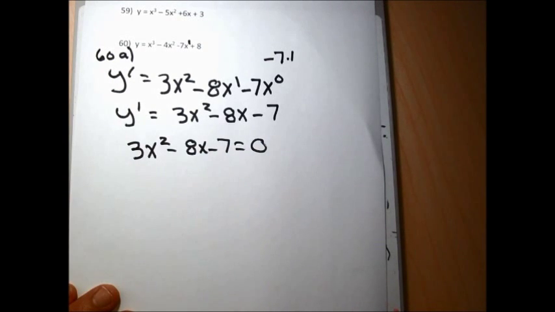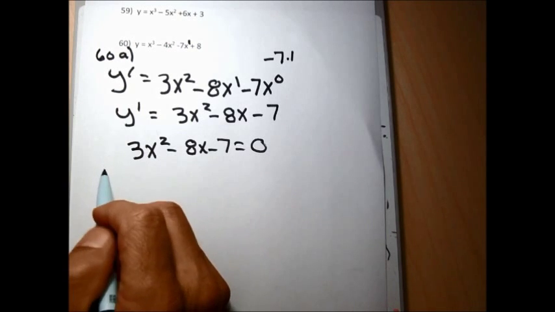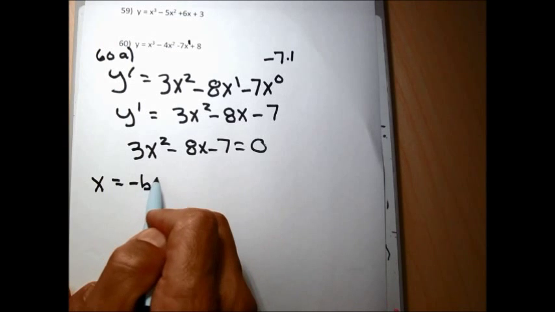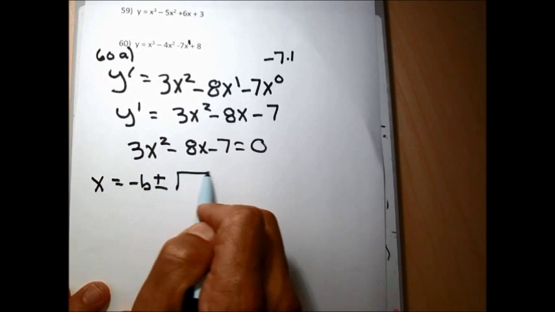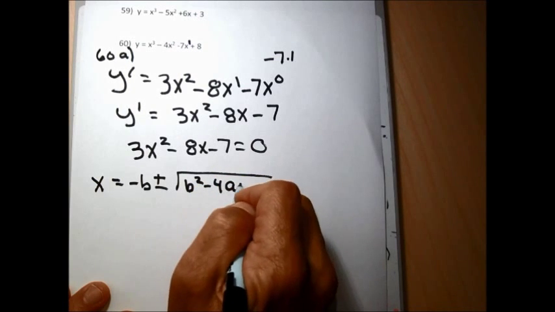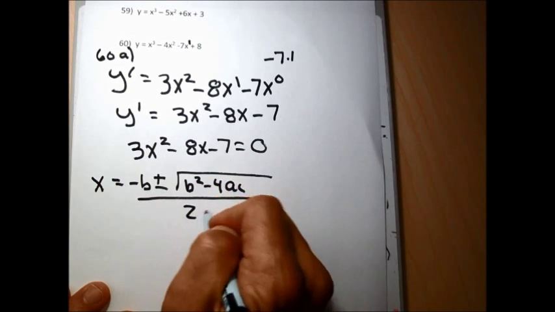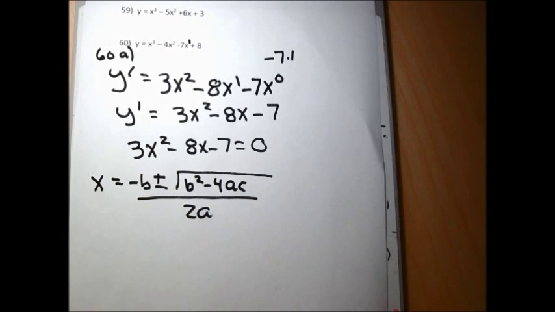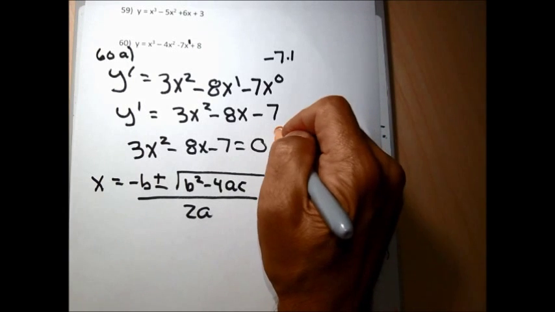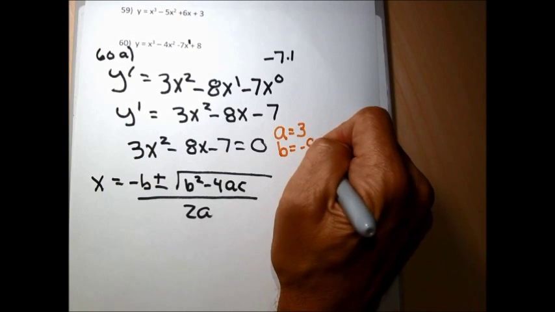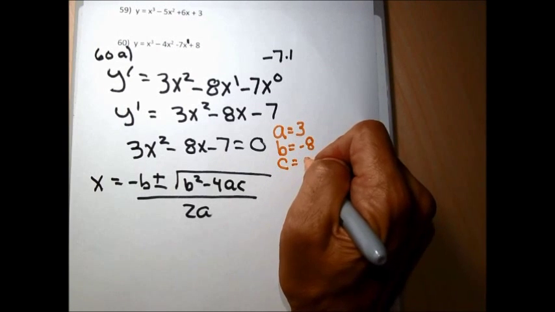This is bad because it doesn't factor, so I have to use the quadratic formula that says x equals negative b plus or minus the square root of b squared minus 4ac all over 2a to solve this, which makes this whole problem horrible. So in this particular problem, the a is the number in front of the x squared, the b is the number in front of the x to the first, and the c is the constant.